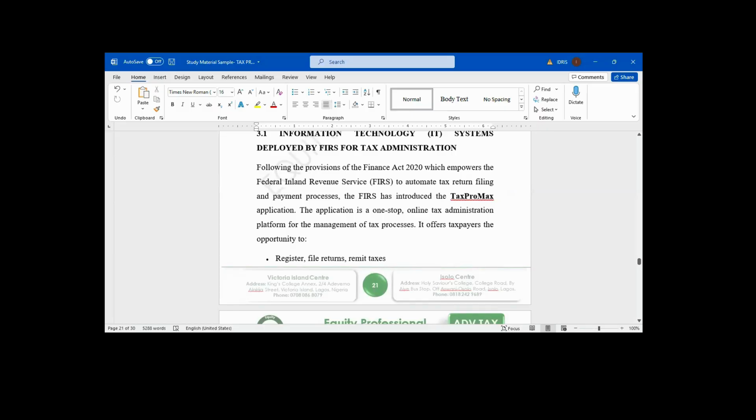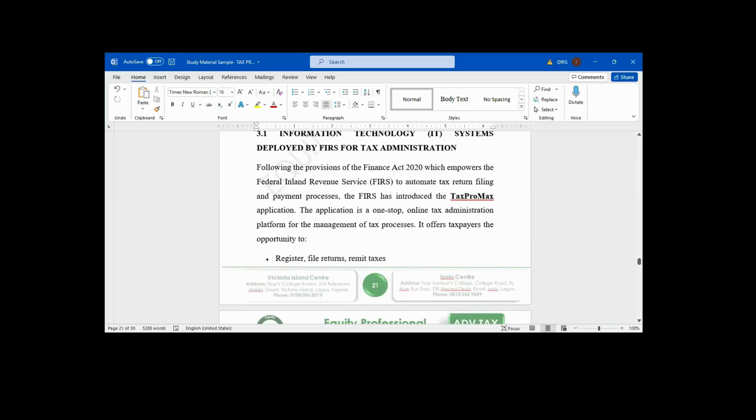This Tax Promax is deployed by FRS for easy tax filing, payment process, and management of tax administration. Tax Promax is an application deployed by FRS for online tax administration, management of tax process, automated tax return filing, and payment process.